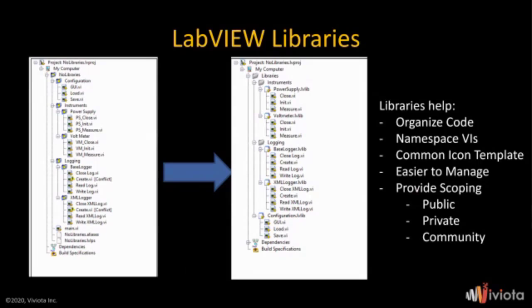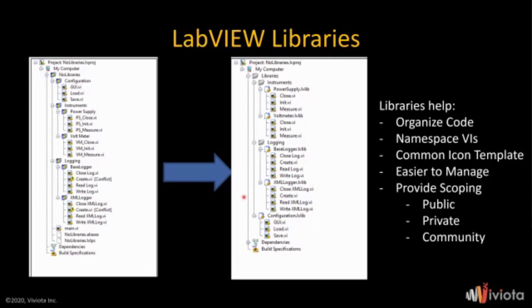One of the things you'll see here is on the left, there's a conflict between two Creates for the different loggers. And on the right, the Creates aren't conflicting anymore because they have additional library namespacing. With libraries, you get a common VI template, which is nice. Generally, they're just easier to work with in LabVIEW. You can treat the library as one large object and move it around and work with it that way.